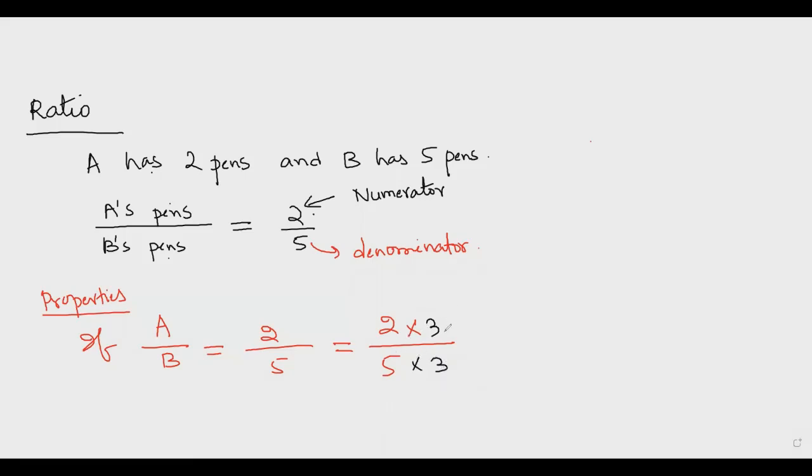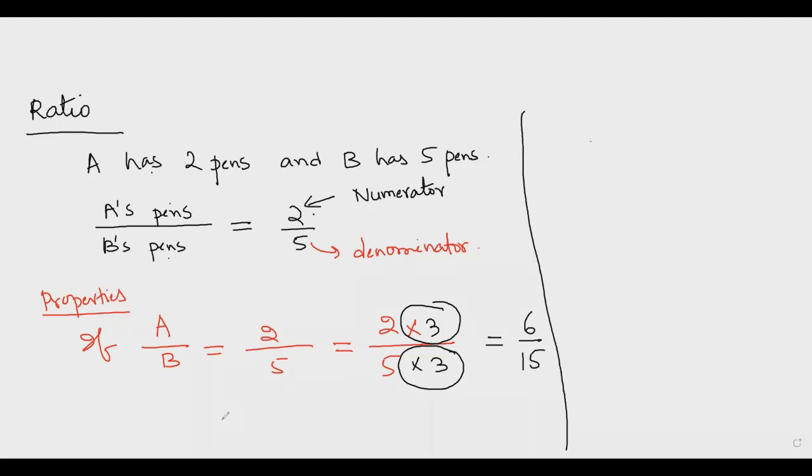So what I'm doing is multiplying here by 3, here by 3. Same number. The ratio will not change because 3 and 3 cancel. It will be again 2/5. So this becomes 6/15.